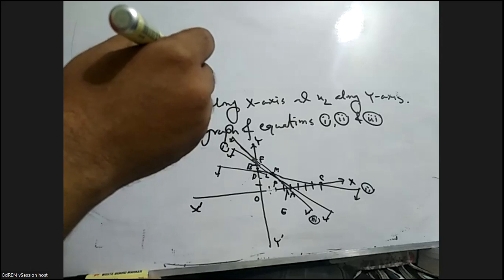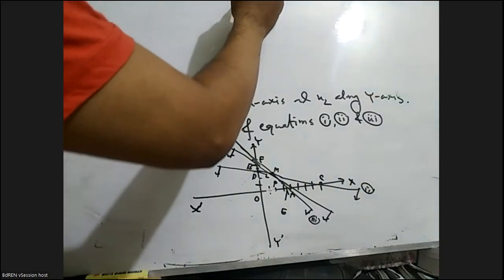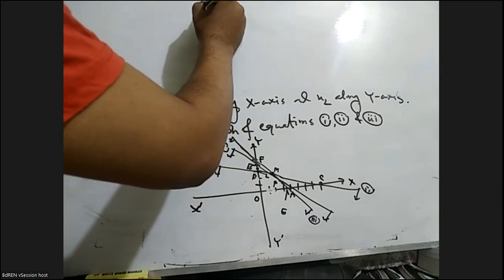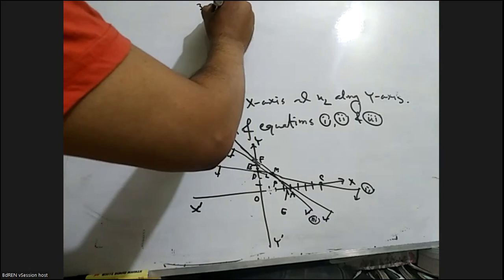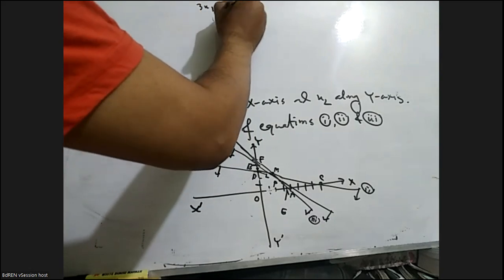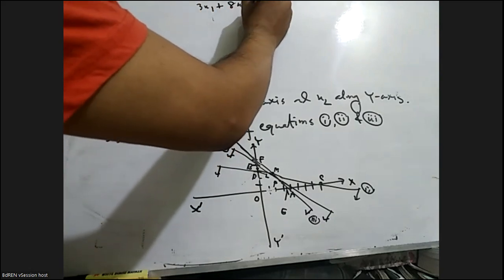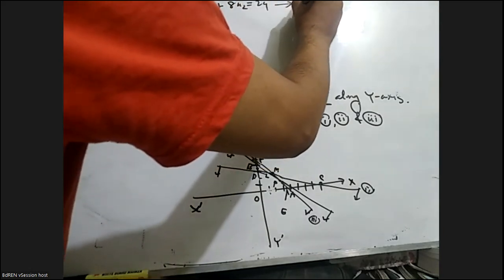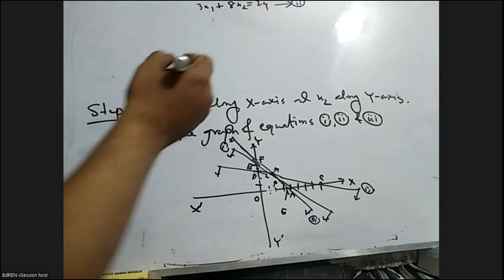That means x1 plus x2 equals 4, and 3x1 plus 8x2 equals 24. This is equation number 1 and this is equation number 2 in our problem.